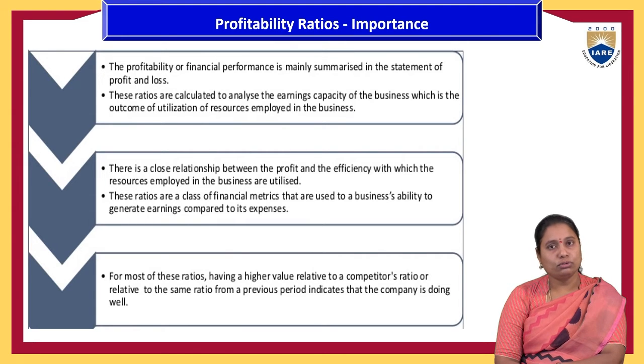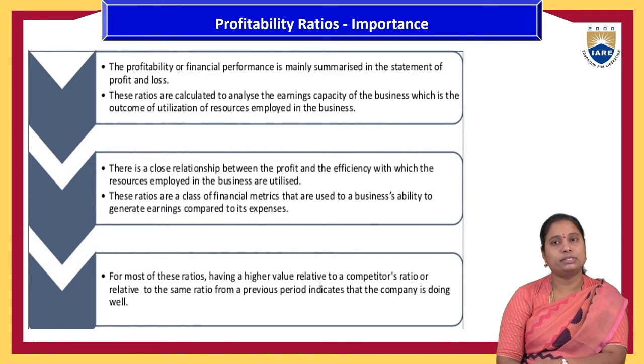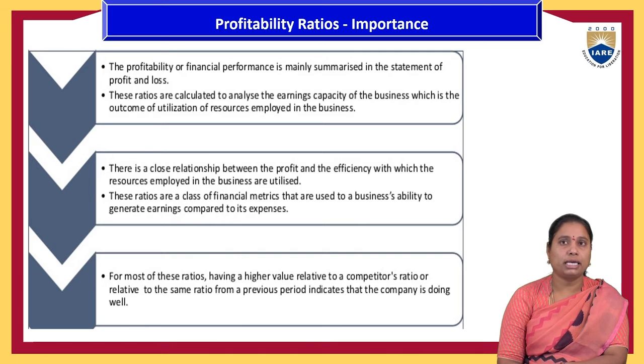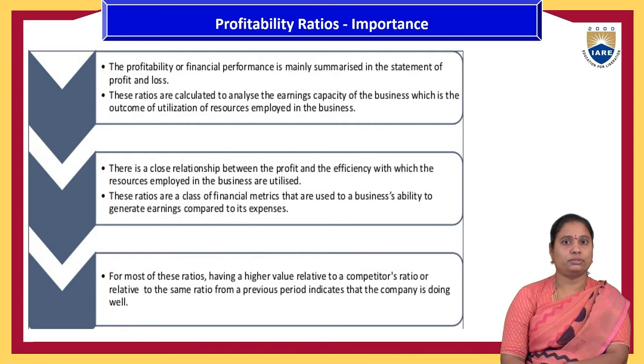They are useful for setting standards in these financial metrics, and we can compare the expenditures on a product easily. These ratios also give more analysis of high value relations, and the competitors' ratios can easily be identified with the help of these profitability ratios.